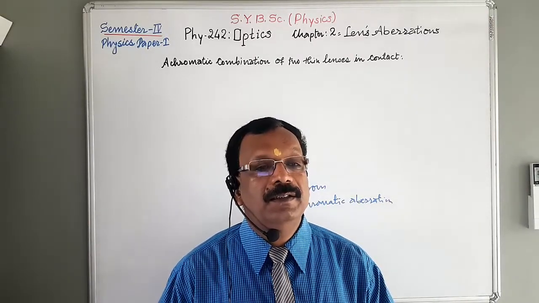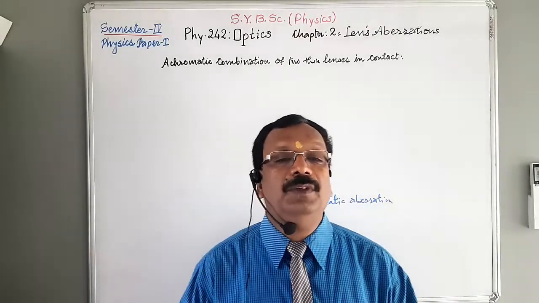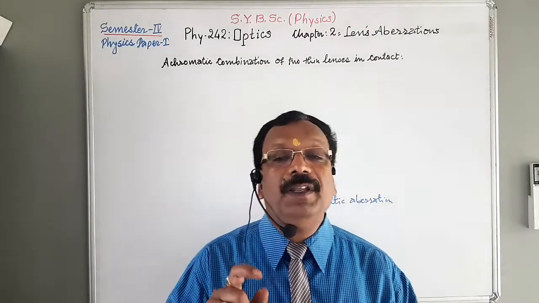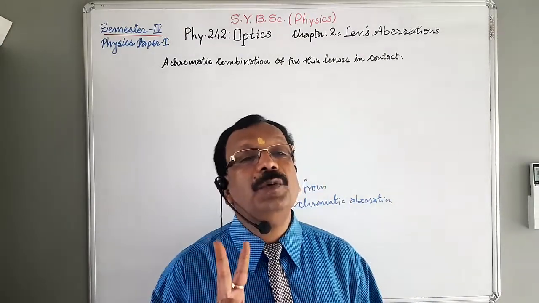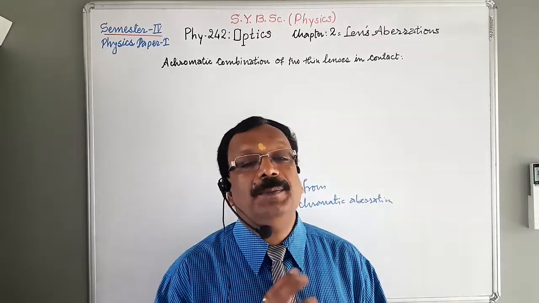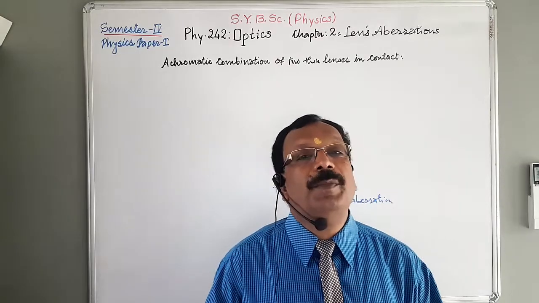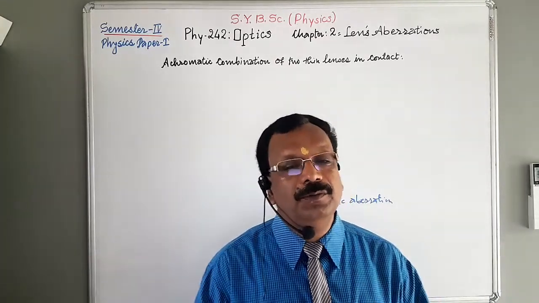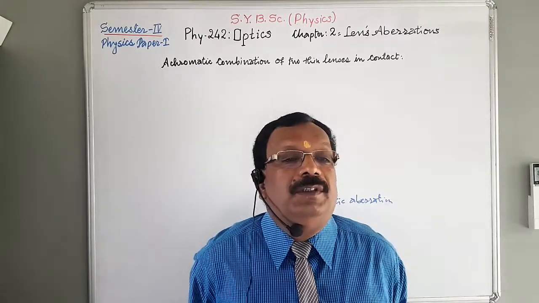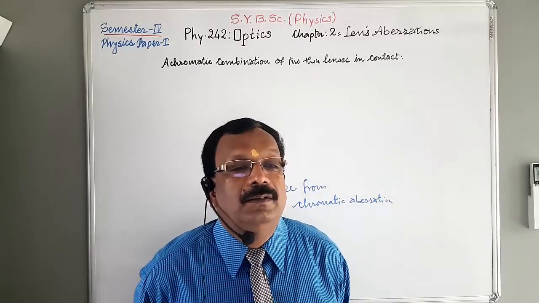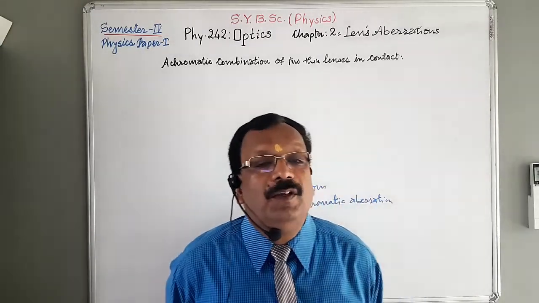Such a combination, in which we can reduce the chromatic aberration using two lenses, is called an achromatic combination.